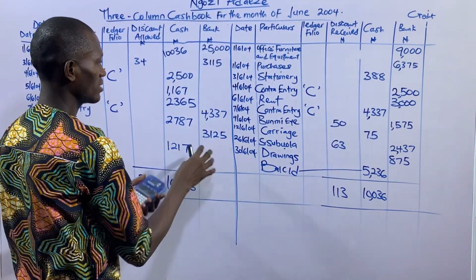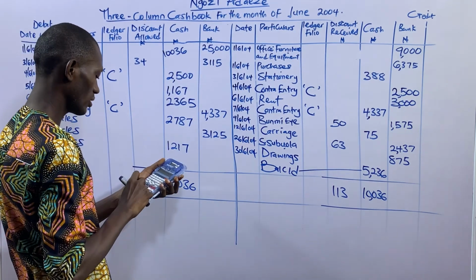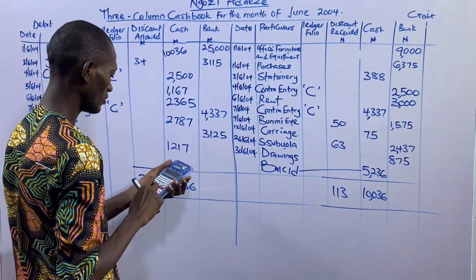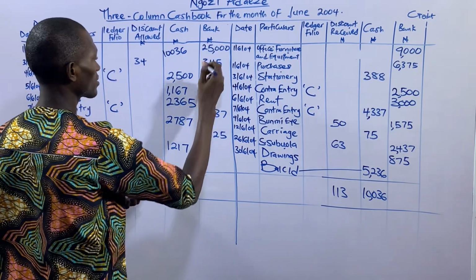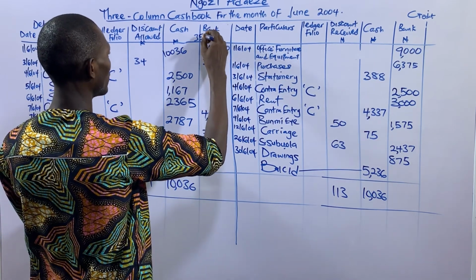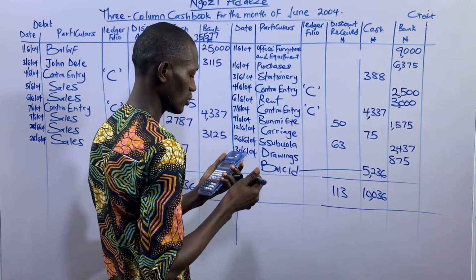So let's balance the bank column also. So let's add the debit side: 25,000 plus 3,115 plus 4,337 plus 3,125. So this gives us 35,577. Then let's add this and see what we have.